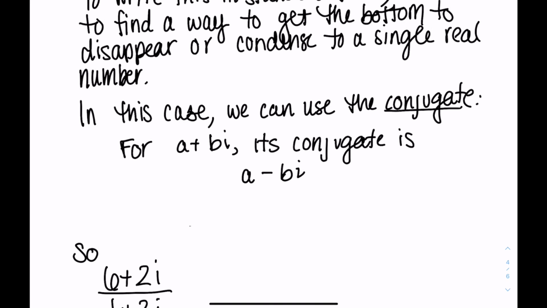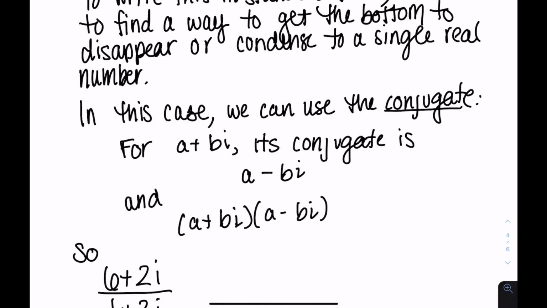We can utilize a nice property, because when you multiply a complex number times its conjugate, when you do the first terms, you get a squared. The outer will be negative abi. The inner is positive abi. So those end up canceling out. And then the last term is minus b i squared, which really just becomes positive b squared.